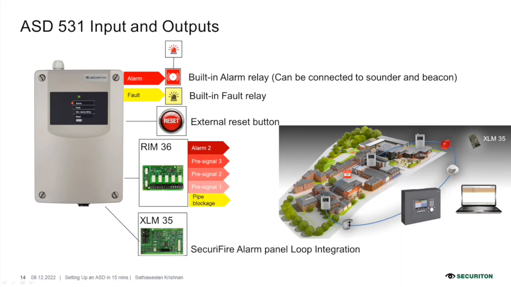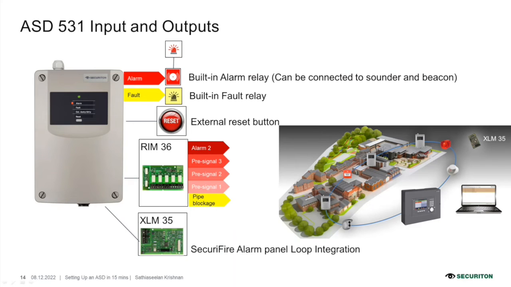Followed from below is the RIM36, as I shared. This is a relay module, additional relays apart from the alarm and fault of the main board. We can utilize alarm 2, pre-alarm 3, 2, 1, and also pipe blockage information from this relay.